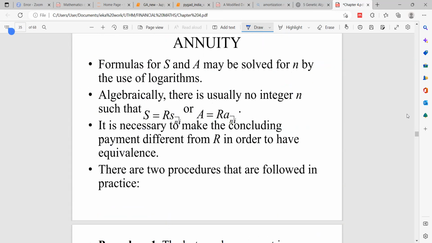Formulas for S and A may be solved for n by the use of logarithms. Algebraically, there is usually no integer n such that S is equal to R s angle n and A is equal to R a angle n. It is necessary to make the concluding payment different from R in order to have equivalence.